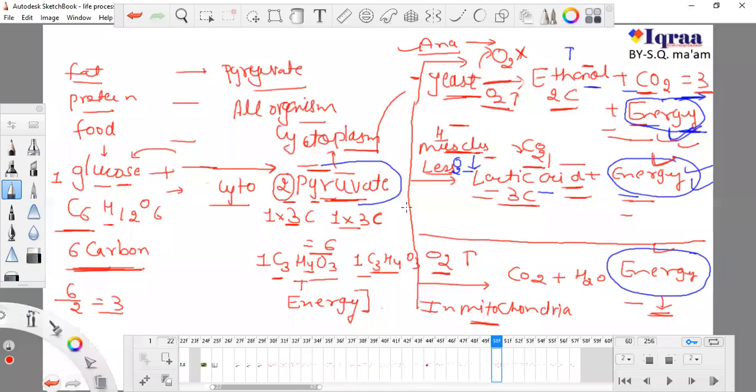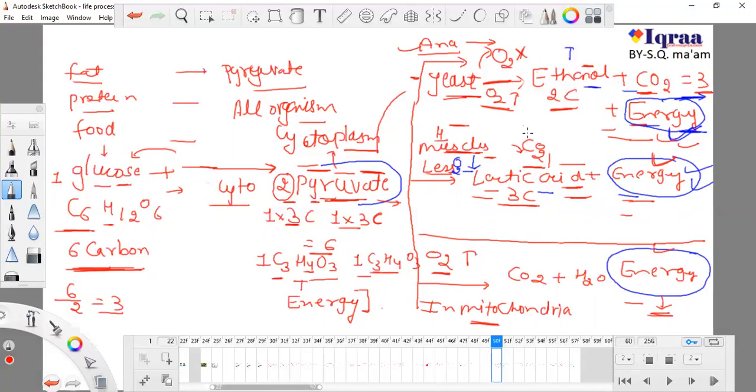Without pyruvate, any organism cannot go for respiration. Remember, pyruvate is a precursor molecule, a starter of respiration. So at that particular second when any organism stops the formation of energy, it will die, because the energy we are getting is our lifeline, and we are alive only because we are getting energy at that particular second.